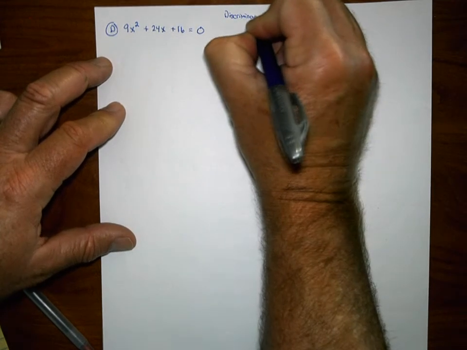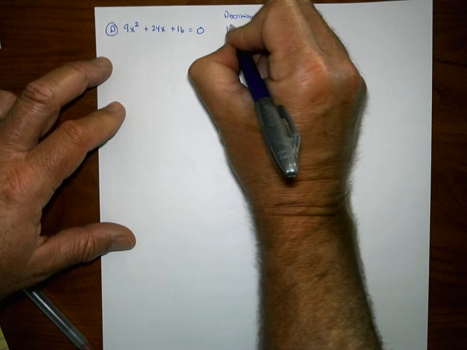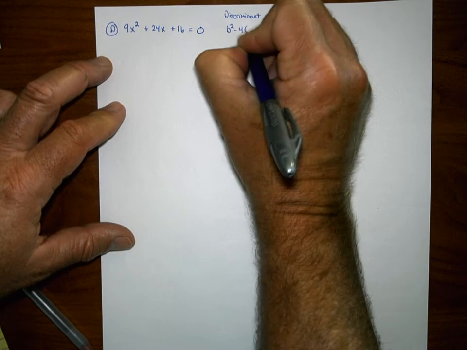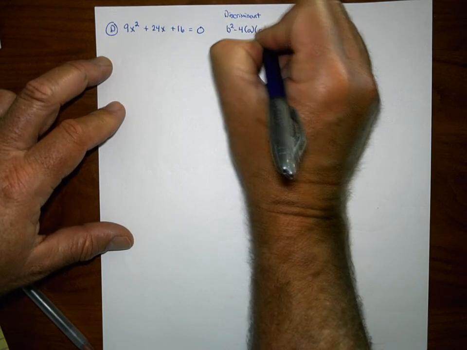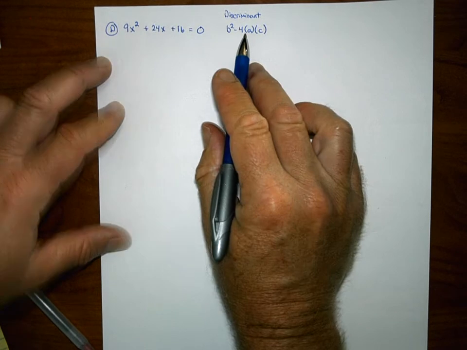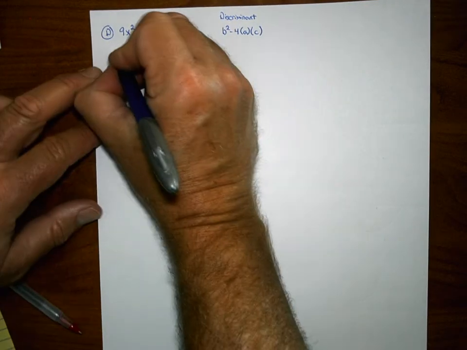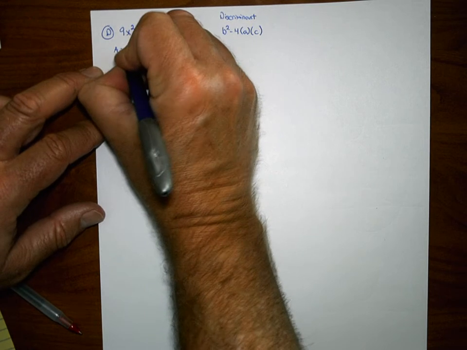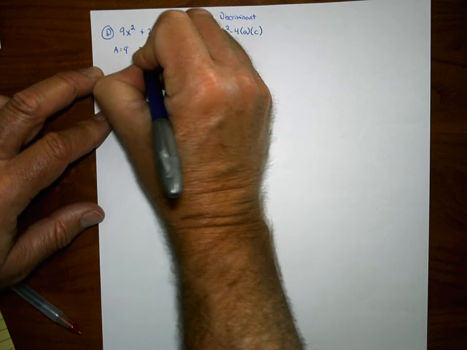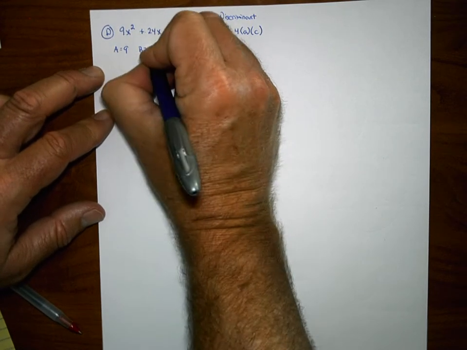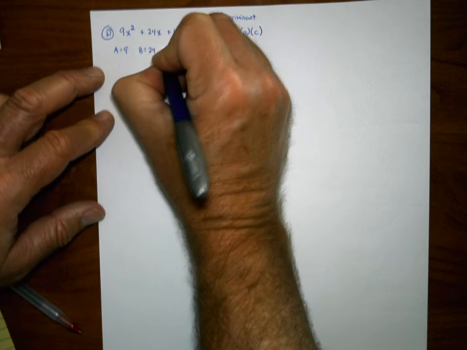It is the b squared minus 4 times a times c part of the quadratic formula. It tells us how many solutions this equation is going to have. So what's my a value? It's 9. What's my b value? Positive 24. My c value would be positive 16.